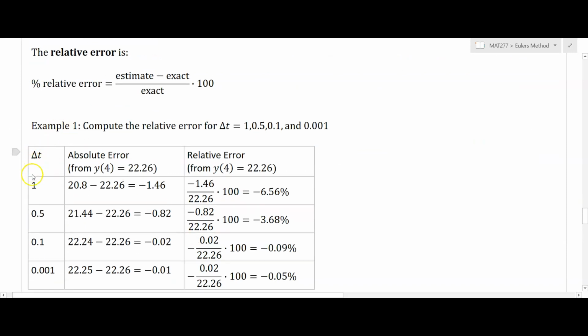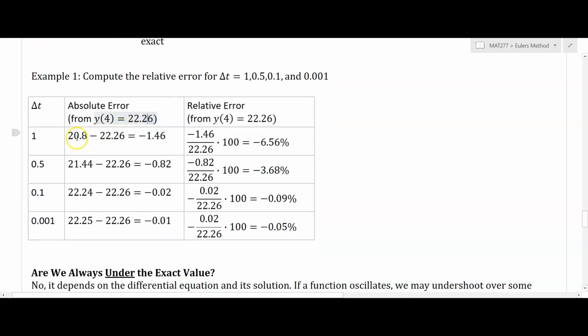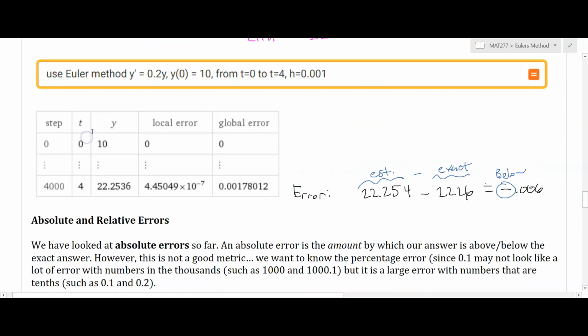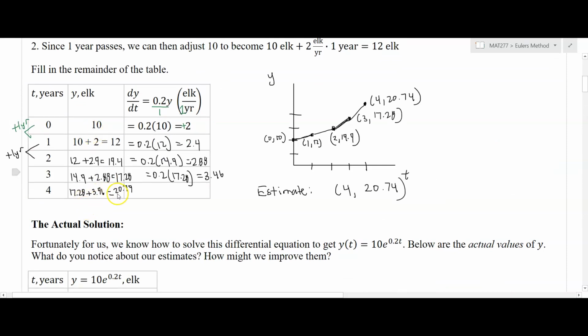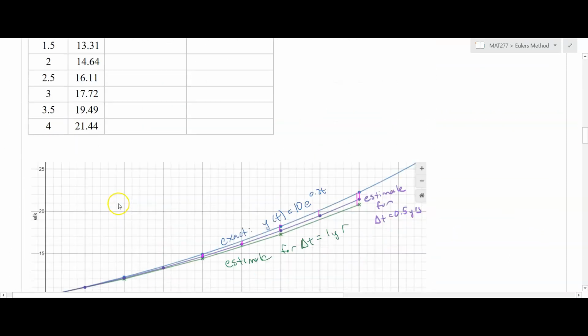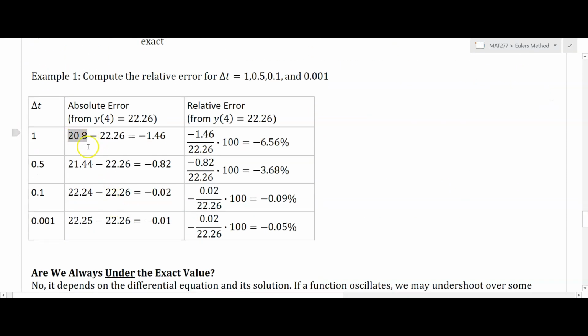So in our estimate with delta t equals 1, our absolute error, now remember at time 4 the exact answer is 22.26. Our estimate for time 4 with a step size of 1 was 20.74. And that's about 20.8.